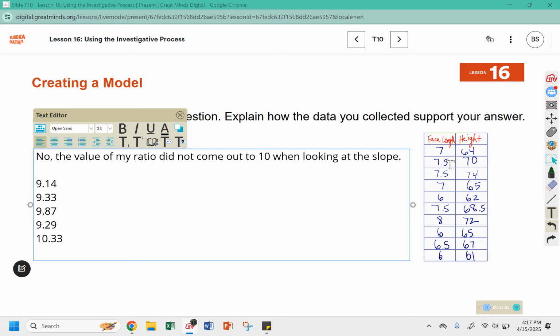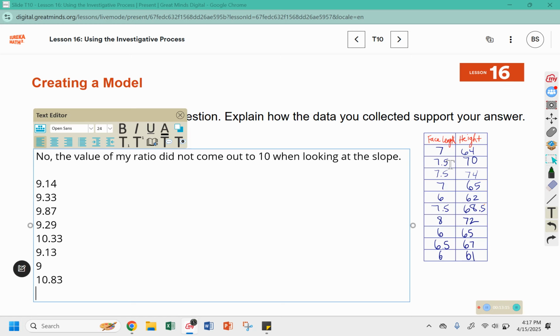68.5 divided by 7.5 comes out to 9.13. 72 divided by 8 is 9. 65 divided by 6 is 10.83. 67 divided by 6.5 is 10.31.